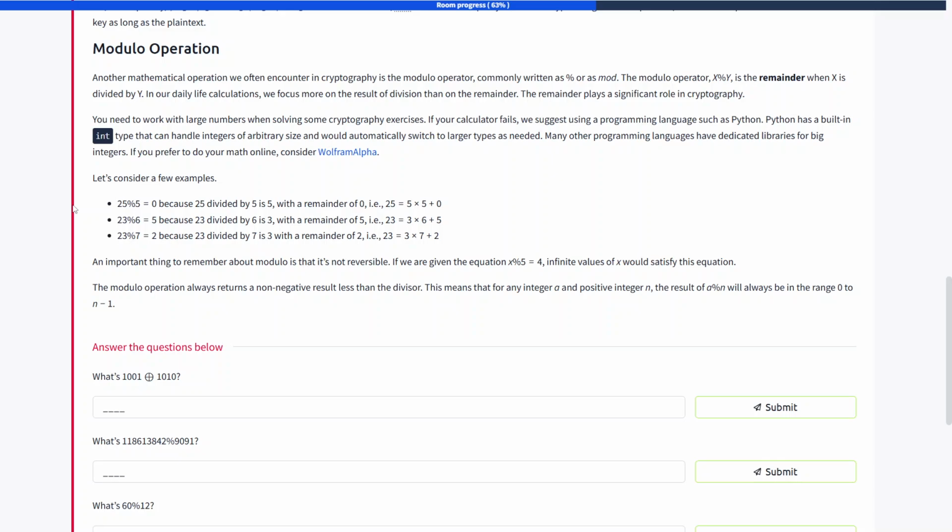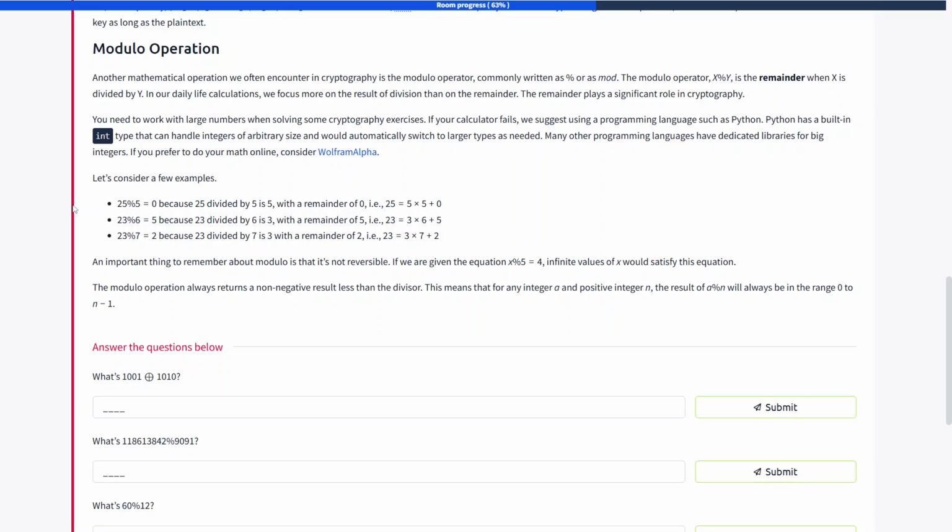For example, if we take x as 14, then 5 times 2 is 10 and we get a remainder of 4. Similarly, if we take 19 as x, then we get 5 times 3 is 15 and we get the remainder 4. Therefore x will have infinite values.